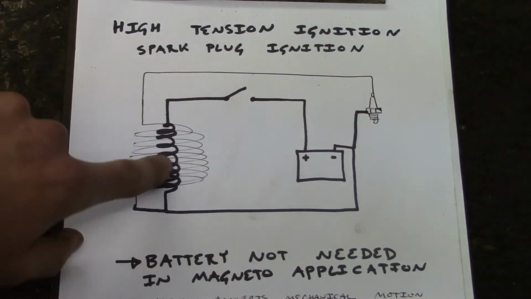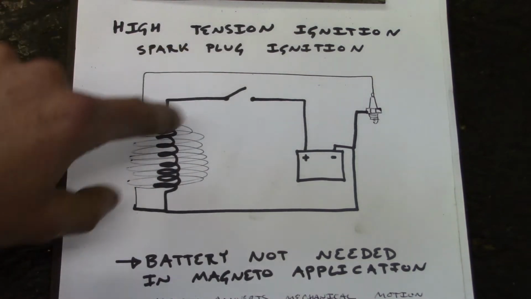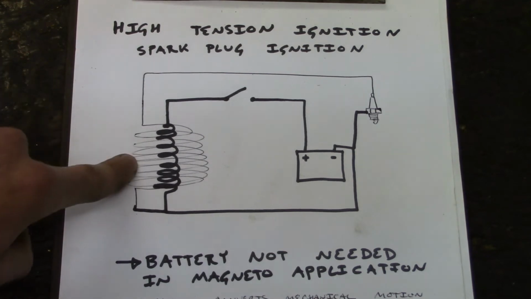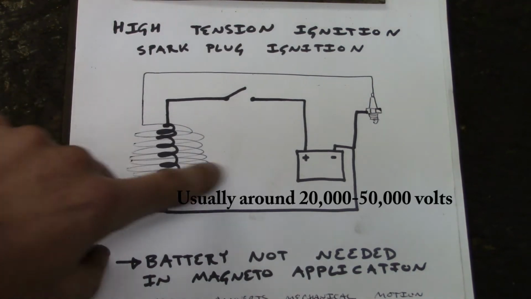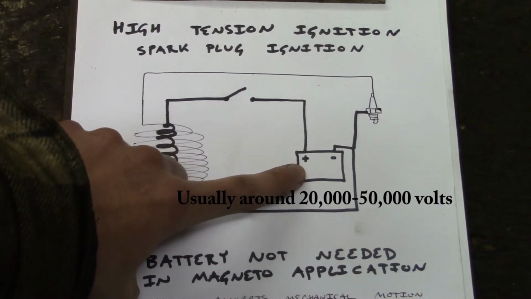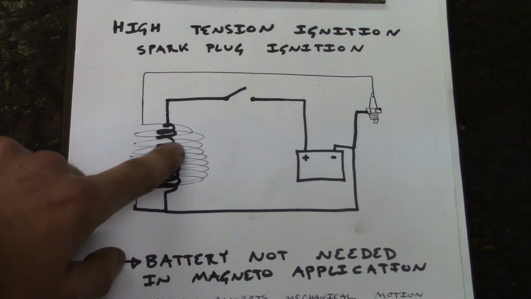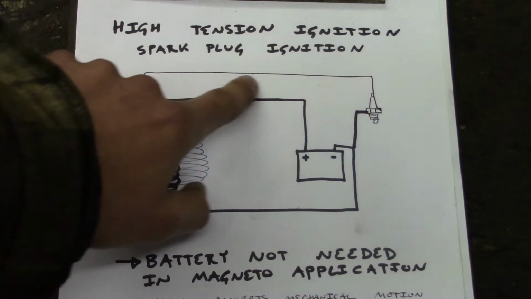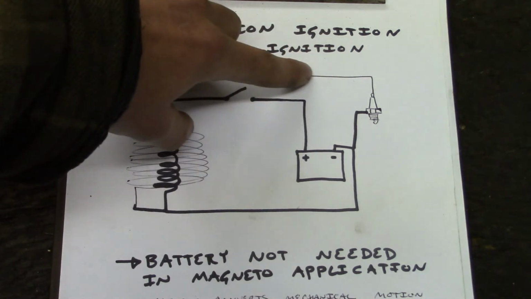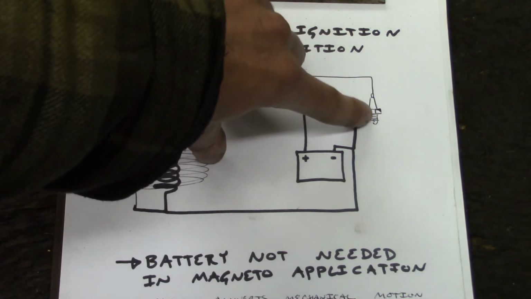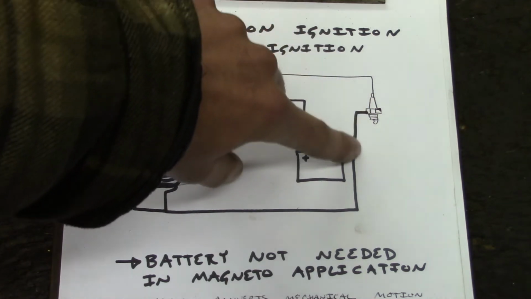And again, because of the difference in the number of turns between the two coils, the voltage in the secondary coil is much, much, much higher than your power source voltage, 12 volts let's say. So that current goes through your spark plug wire and jumps across the spark plug gap on your spark plug and then returns to ground.